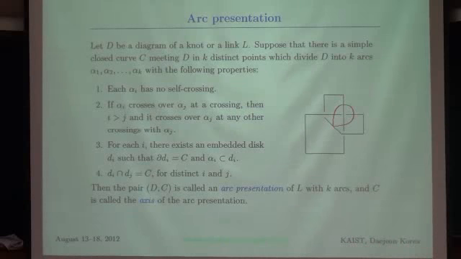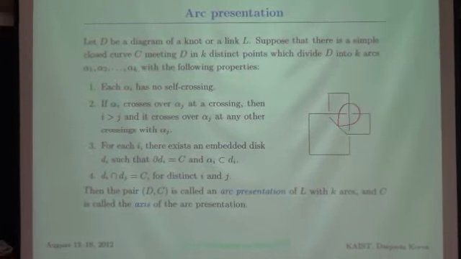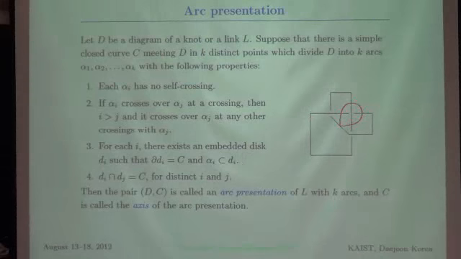On the first day, someone explained about arc presentation, but this is equivalent, just a slightly different version. So in a diagram D of a knot or link L, suppose there is a simple closed curve C, this red circle, meeting D in k distinct points, which divide D into k arcs, alpha 1 through alpha k, with the following properties.